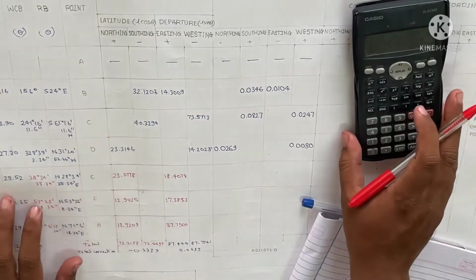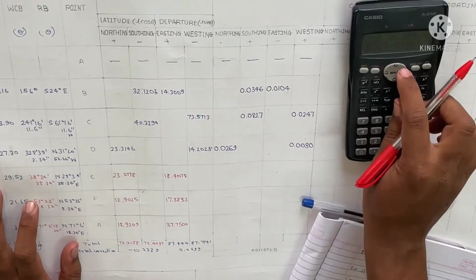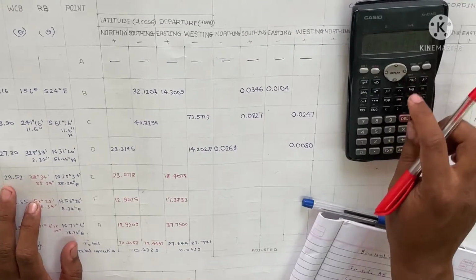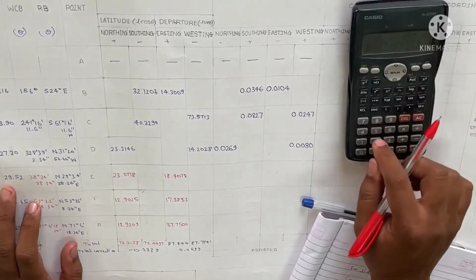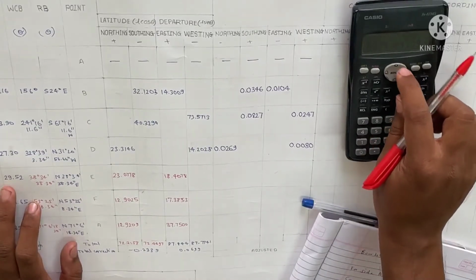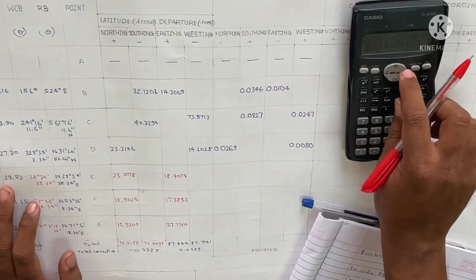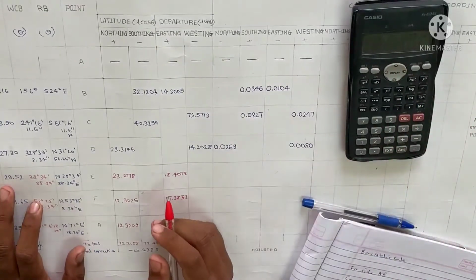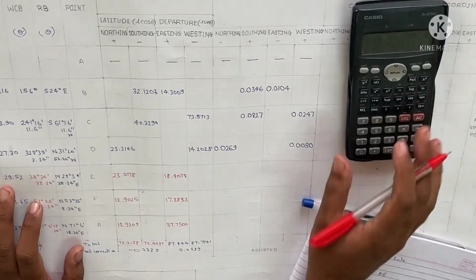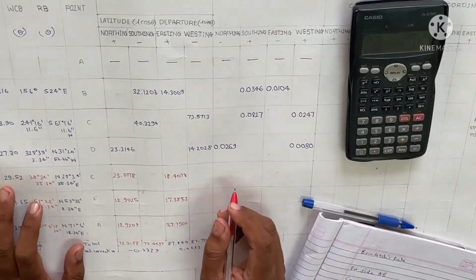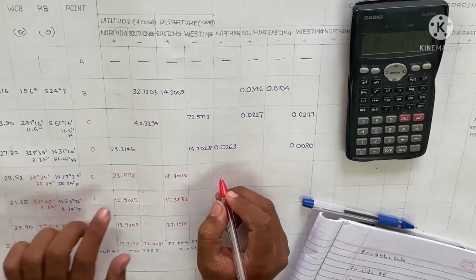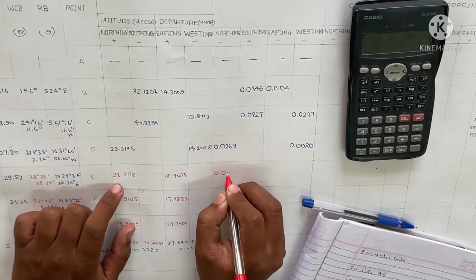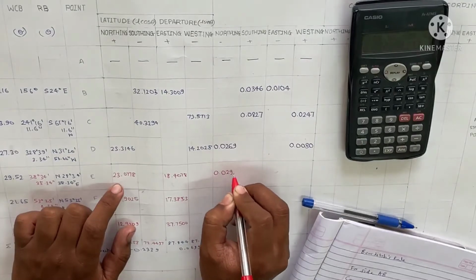Next, the side DE. The length of DE is 29.52, and the error in latitude is 0.2339, so it comes out to be 0.0290. I will enter it here in the shaded line, 0.0290.